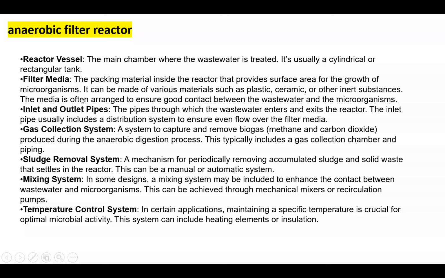So this media should be arranged such that it has good contact with the wastewater that we are providing, because only there the microorganisms have to process the waste in the water, right?